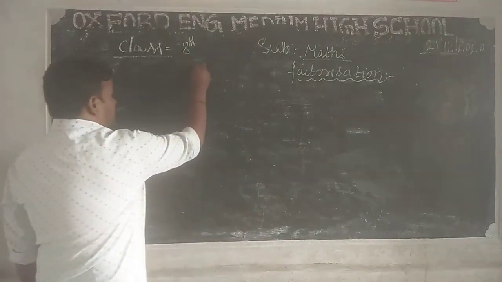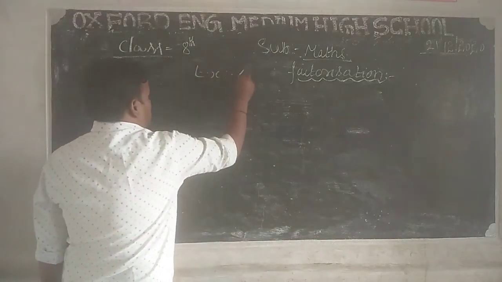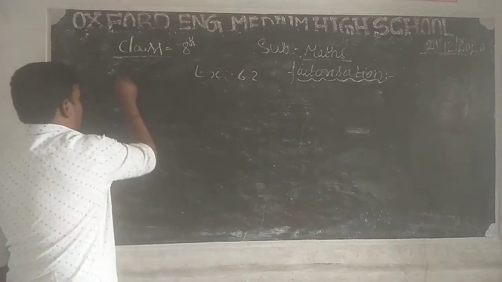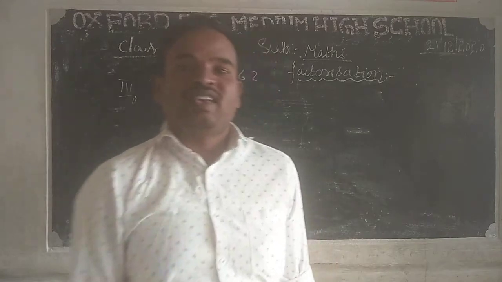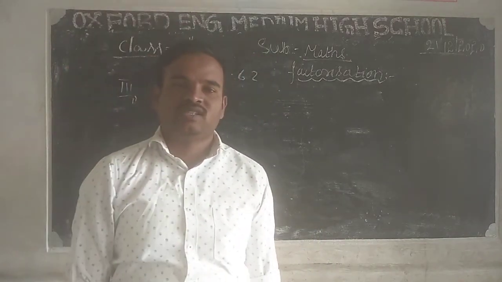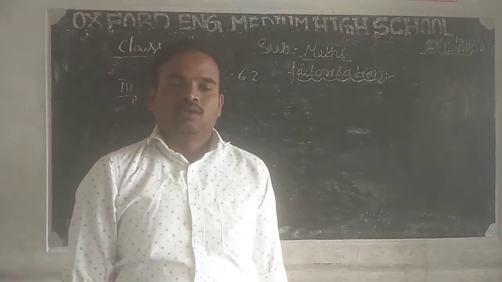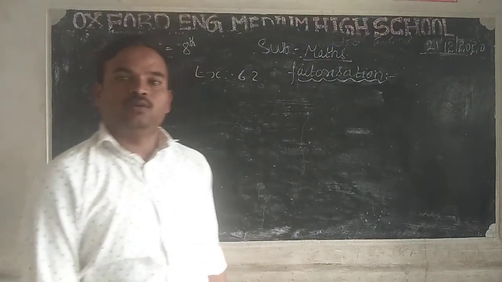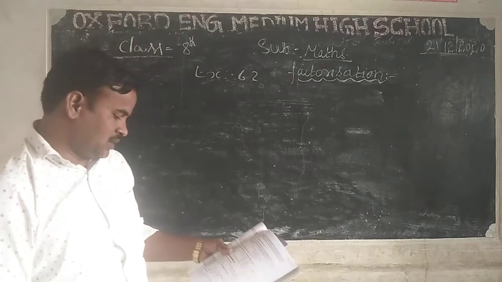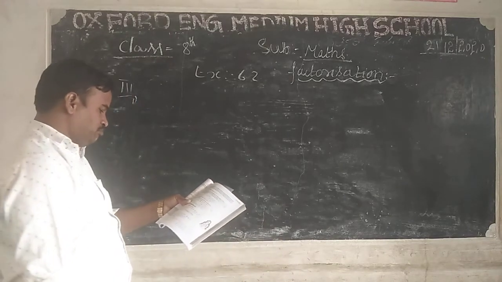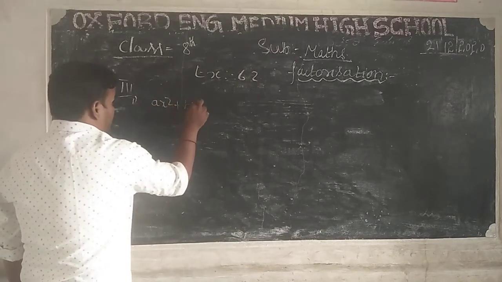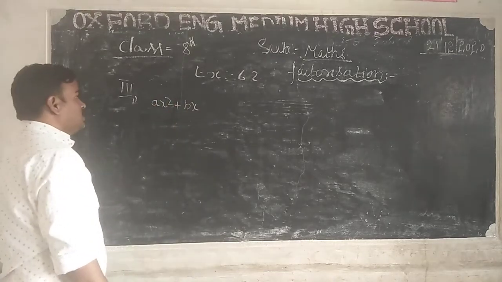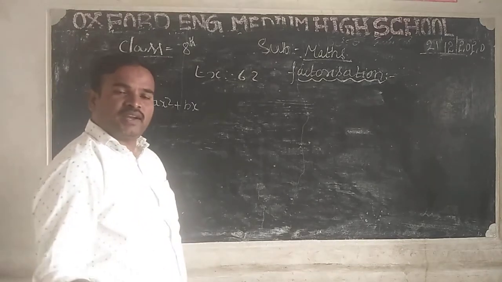Dear students, in exercise 6.2, third sum, first sum: factorize the expressions. Factorize ax square plus bx. How to factorize this?